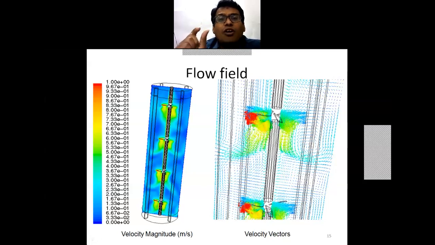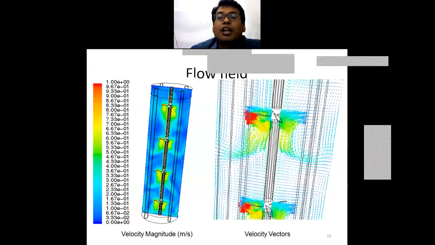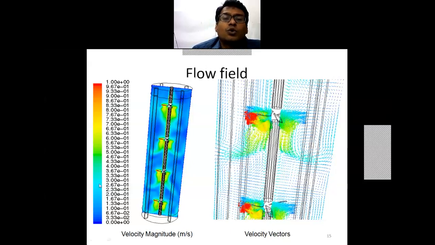A certain length is already provided with a certain magnitude. How long it is, what the magnitude is, what its velocity is, that is also defined. Then the color is also defined. As you are seeing, the color varies from dark blue to dark red, and the velocity is going to increase. So the velocity is going to increase up to 3.33 times 10 to the power minus 2, and it is provided up to a certain magnitude.